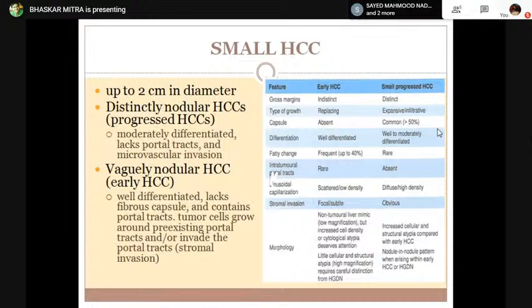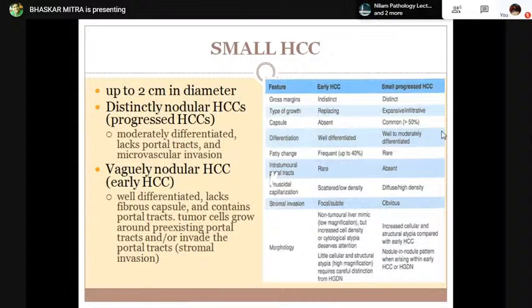Now from the dysplastic nodule, we have gone a step ahead. Now we are in a small hepatocellular carcinoma, with the cutoff of less than 2 centimeter diameter. That's important. Now there are two things: early hepatocellular carcinoma and progressed hepatocellular carcinoma, or small progressed hepatocellular carcinoma, as the size is small. So early to progressed.